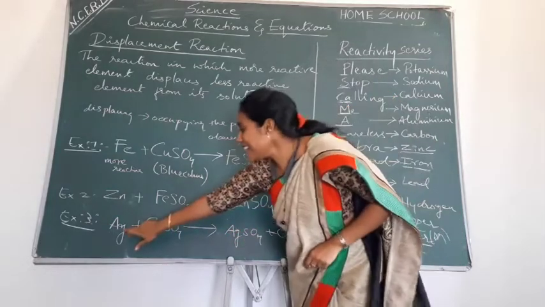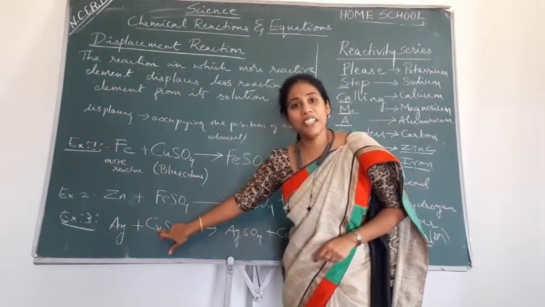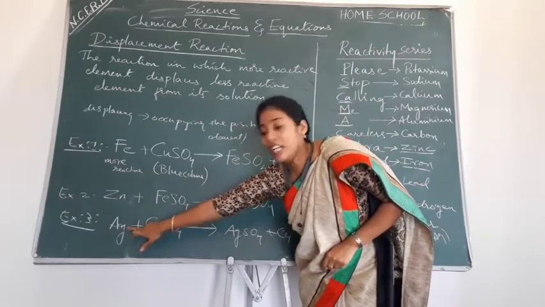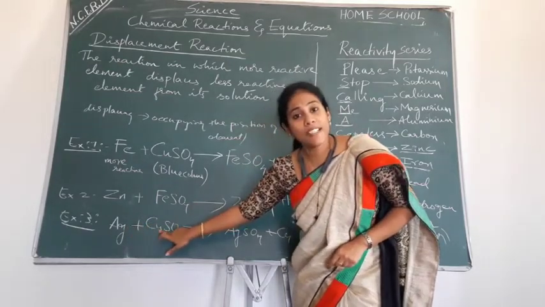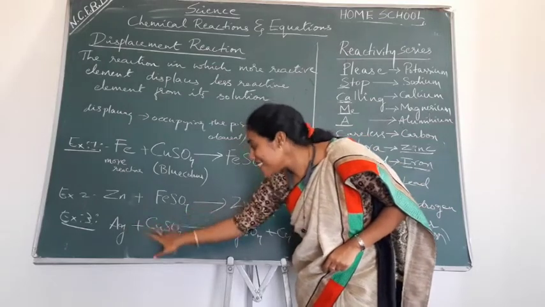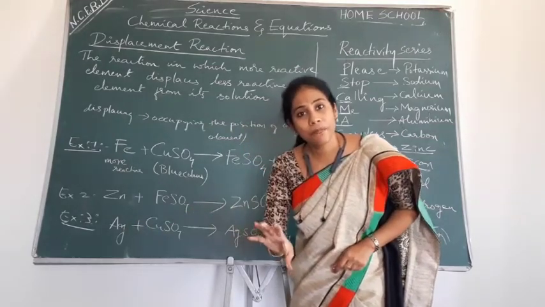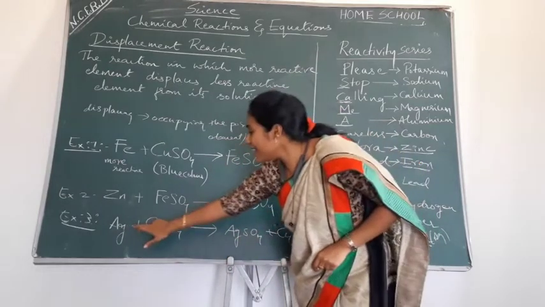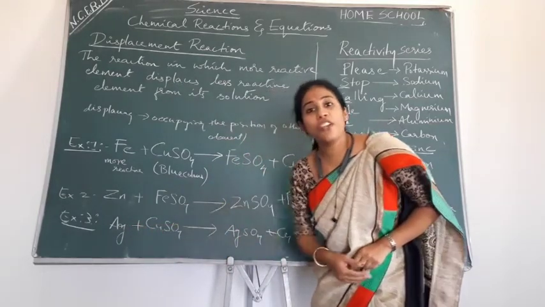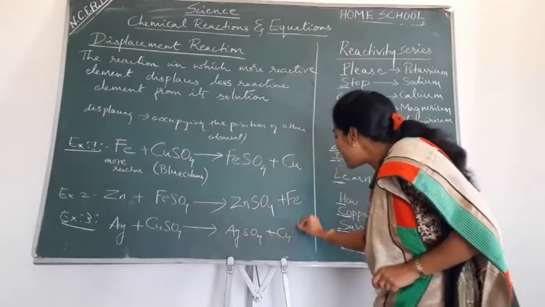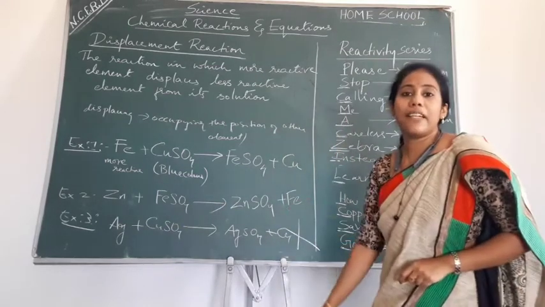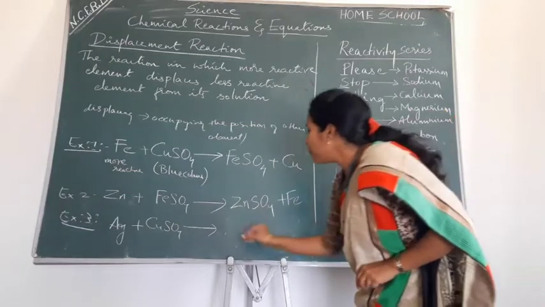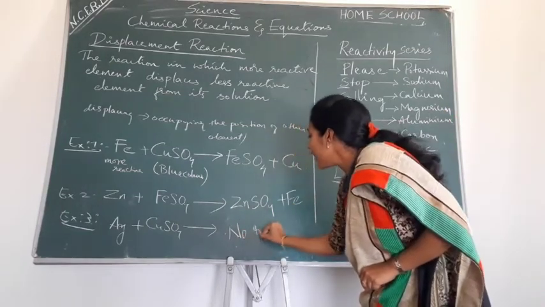So can silver remove copper's position? Never, right? If it is more powerful, then only it can remove. But silver is less powerful than copper, so silver cannot do anything here. Silver cannot occupy the position of copper. So this reaction will never happen. You will never get the products. You have to say there is no reaction.